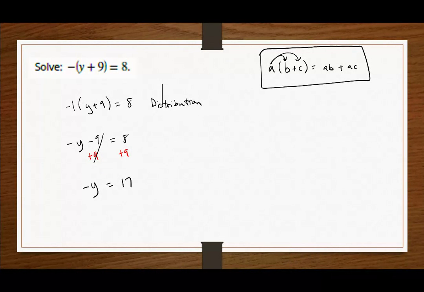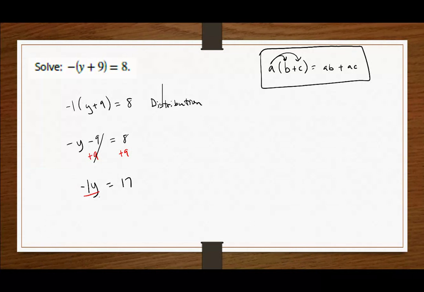But the trouble is, our variable is not quite completely isolated. As I mentioned a second ago, the coefficient here is really -1. We want it to be +1. We need y by itself. So we could use either the multiplication or the division property to undo the operation being presented here. Normally, if my coefficient is a whole number value, we'll use the division property.